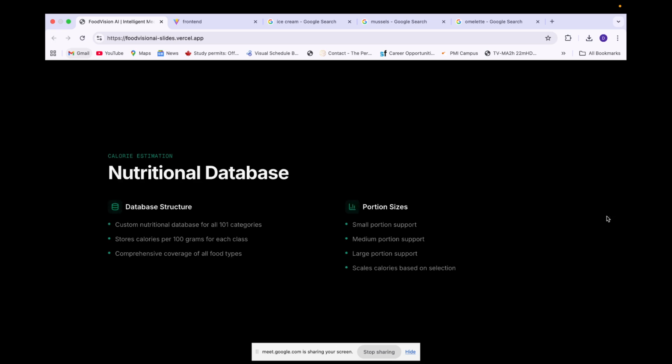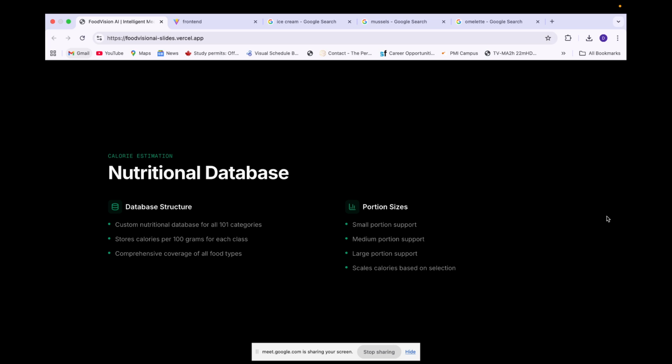Next, the nutritional database. We built a custom nutritional database that covers all 101 categories. For each class, we store calories per 100 grams, and additional metadata as needed for estimation. The database structure is based on portion sizes: small, medium, and large.